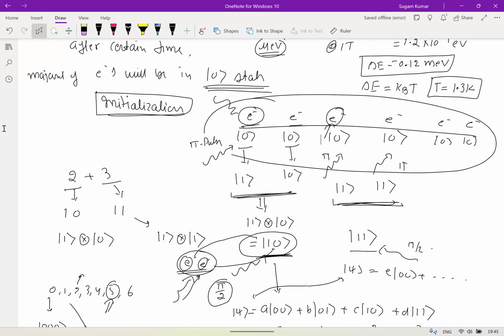Correct. So now when you apply the pi by 2 pulse, can you elaborate what happens then? Because now it becomes a 2 qubit system. Exactly. So when you apply the pi by 2, one single pulse can make both the qubits superposition. Now you are going to shine these photons or microwave on both the electrons together.